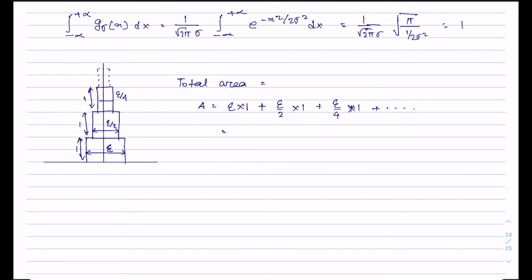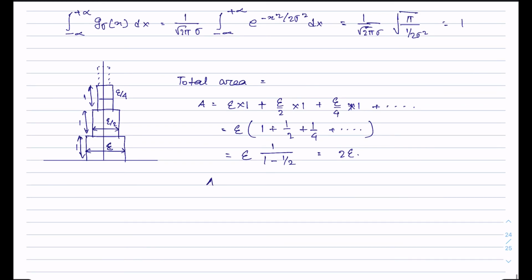Taking epsilon common, in the parenthesis you will have 1 plus half plus 1 by 4 up to infinity. This is a GP series with common ratio half, and the sum will be epsilon times 1 over 1 minus half, which equals 2 epsilon. So for this system, the area is less than or equal to 2 epsilon.